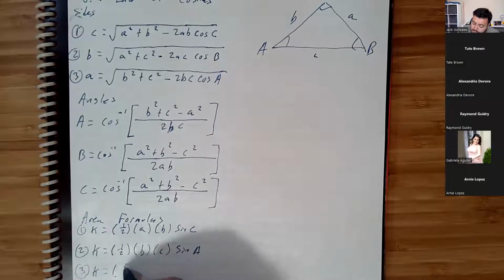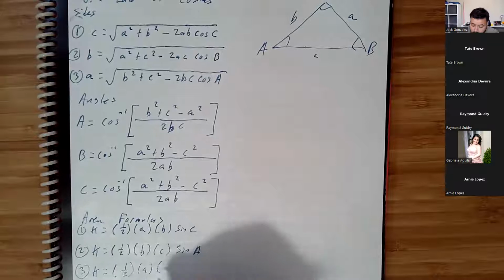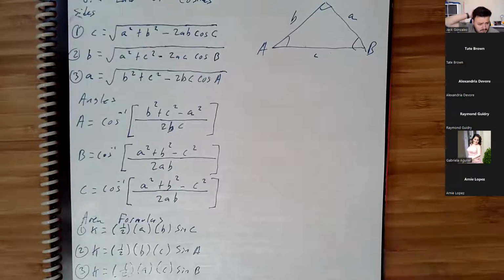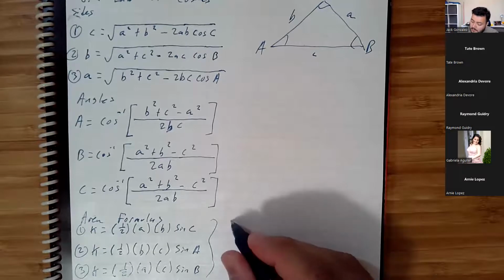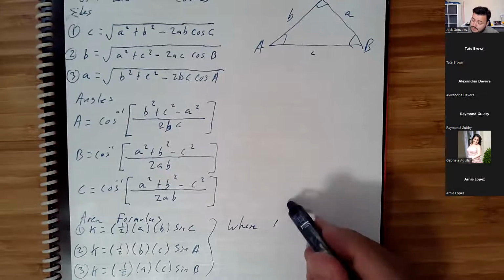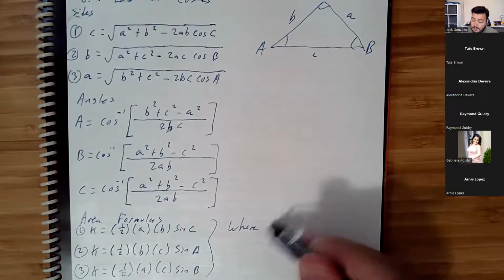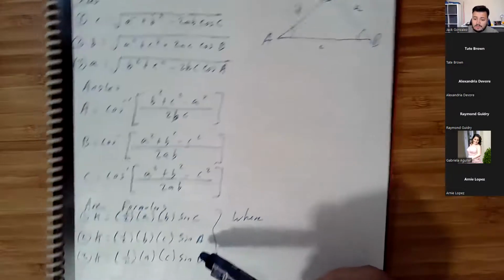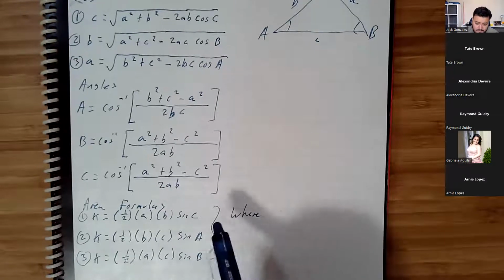I don't really use these formulas right here, honestly. I prefer Hero's formula, spelled Heron. The only difference is you need all three sides to use it. These you can use with only two sides and an angle.